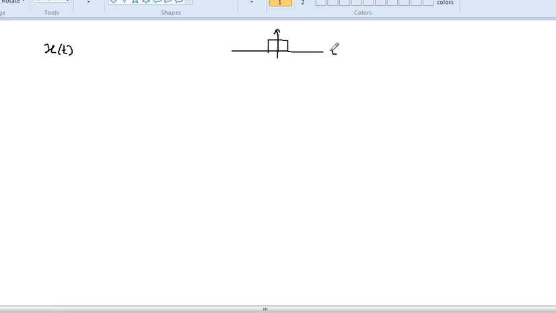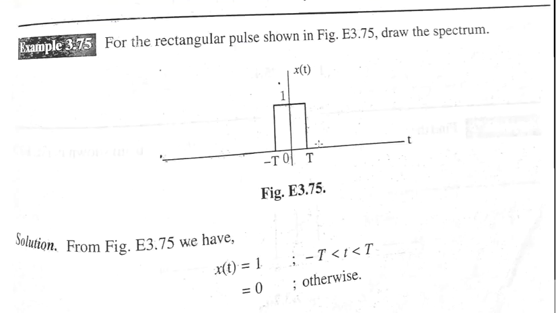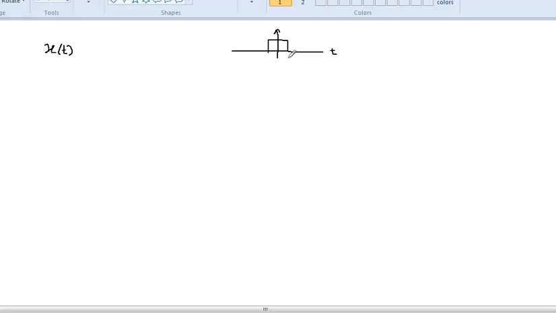This is T, and the values are from minus T to plus T, and its amplitude is 1.